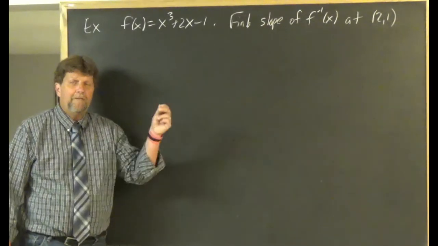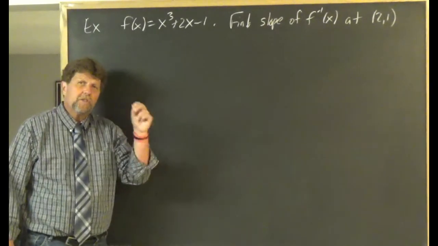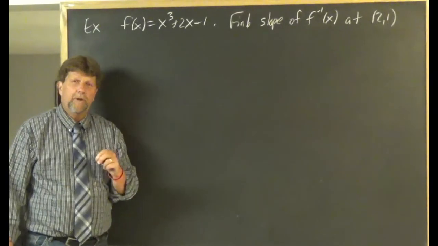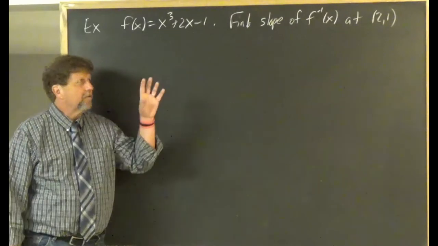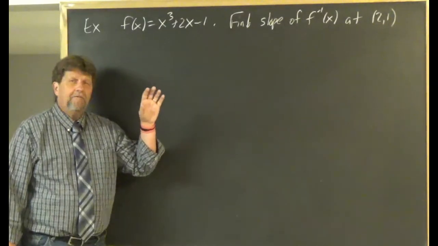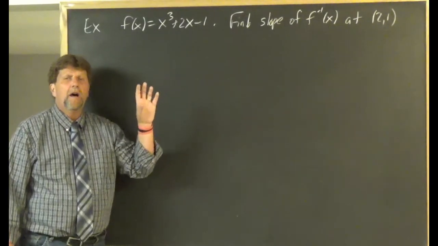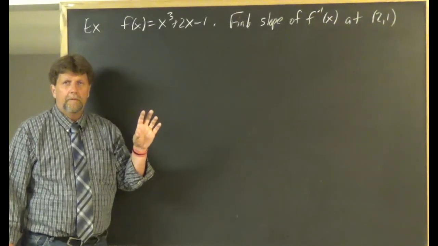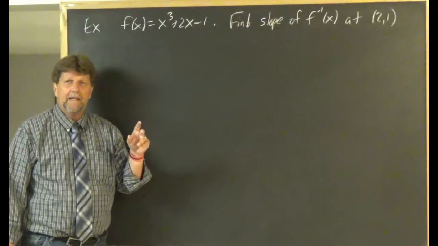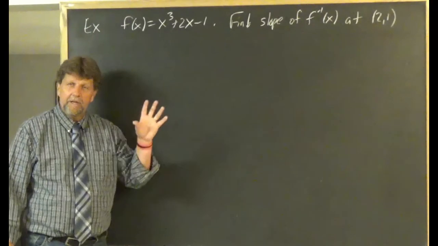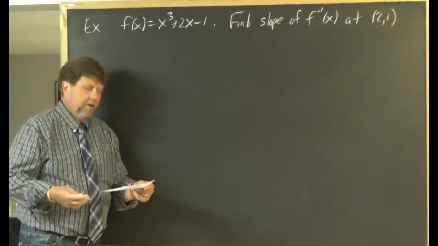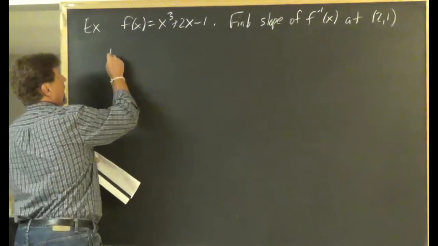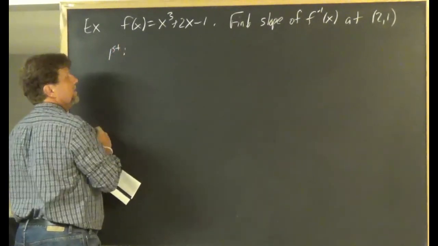We don't even know what f inverse is, but we're going to find the slope of f inverse at the point (2, 1). Notice this is the same thing as f inverse prime of 2. The book may do something like that in a homework problem, I'm not sure, but it's the same thing. So here's the first thing that I notice.